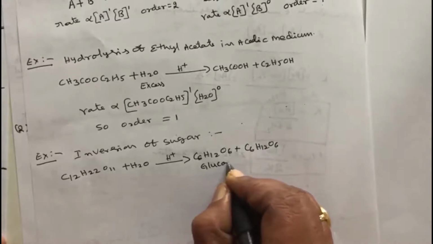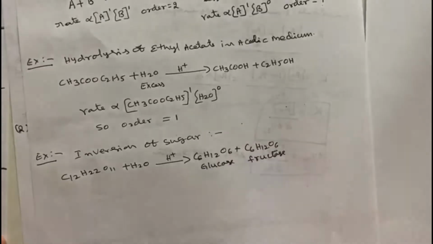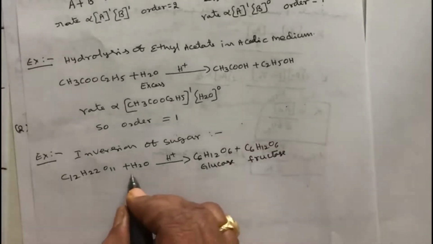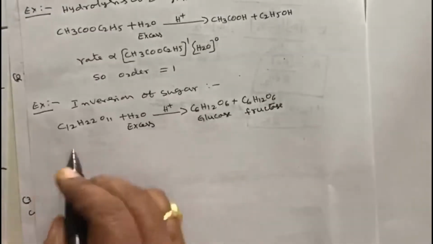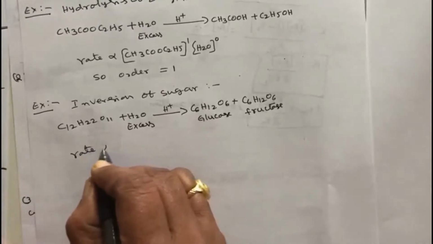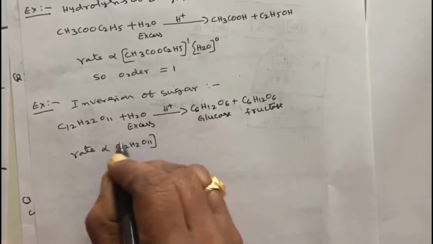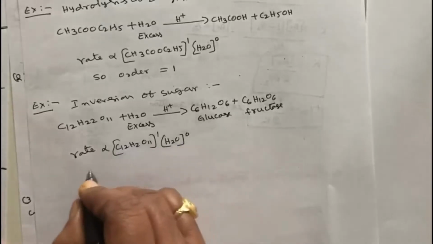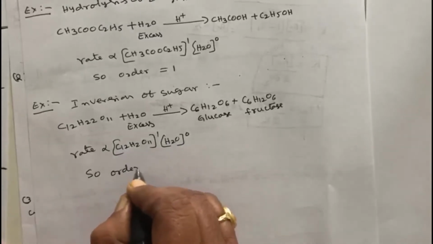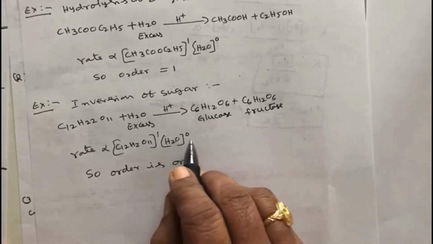One is glucose, another one is fructose. Here also the water is present in excess, so the rate of reaction can be written as rate is proportional to C12H22O11 power 1. H2O order becomes 0, so order is 1. So it is also a pseudo first order reaction.